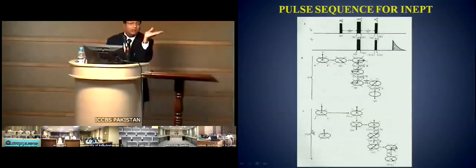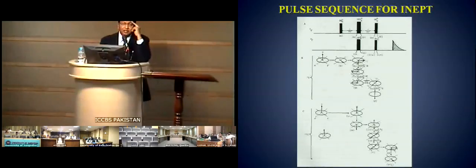So please come a little closer, all of you, because I don't know what to do actually. Can you see this? Can you see the arrows? And please, people from other locations, can you see these pulse sequences and vector diagram? Not clearly, sir. Yeah, this is a problem. I'm really sorry. Do you have a printout of my presentation? You don't have a printout of my presentation also. Some of you would like to come closer to this?